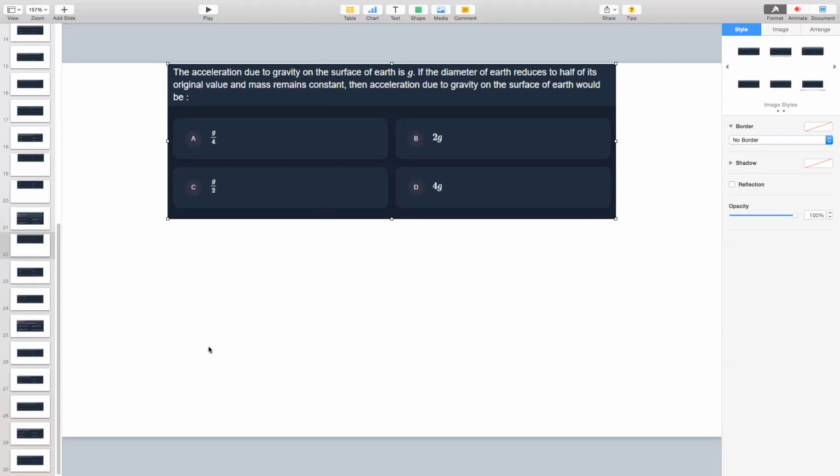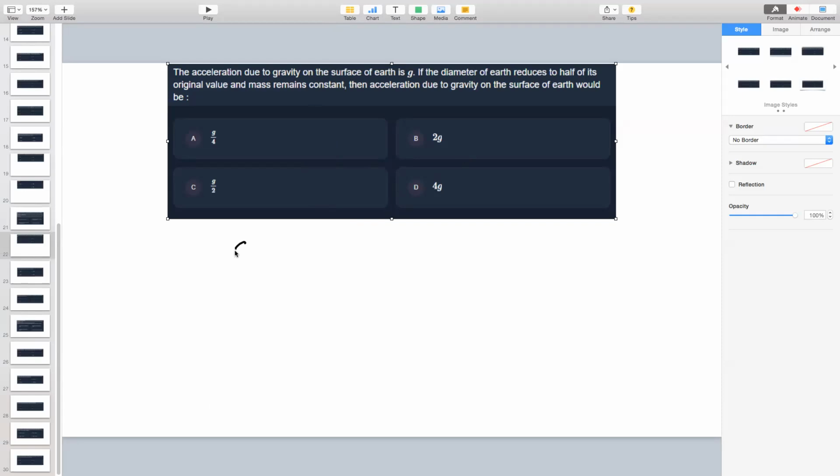The acceleration due to gravity on Earth's surface is g. The diameter of the Earth is reduced to half of its original value and mass remains constant. The acceleration due to gravity on the surface of the Earth will be?